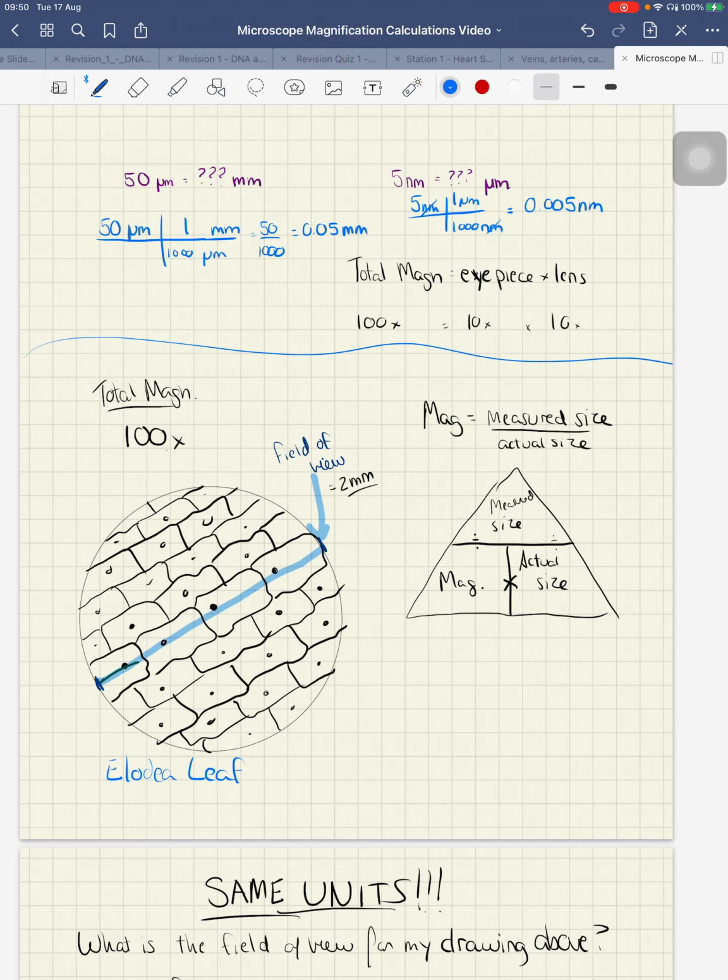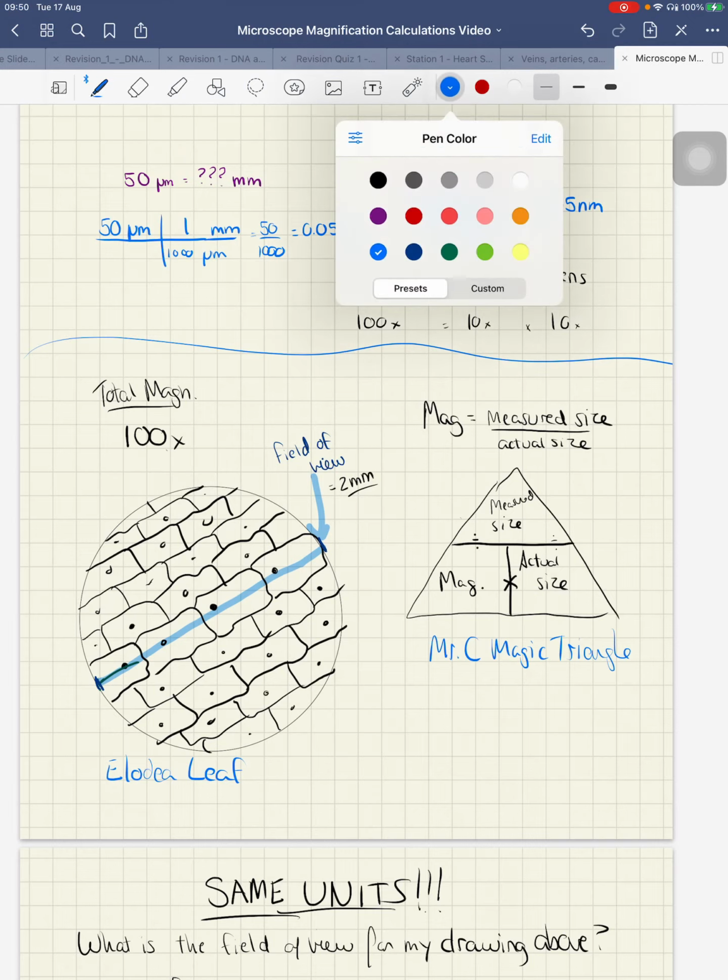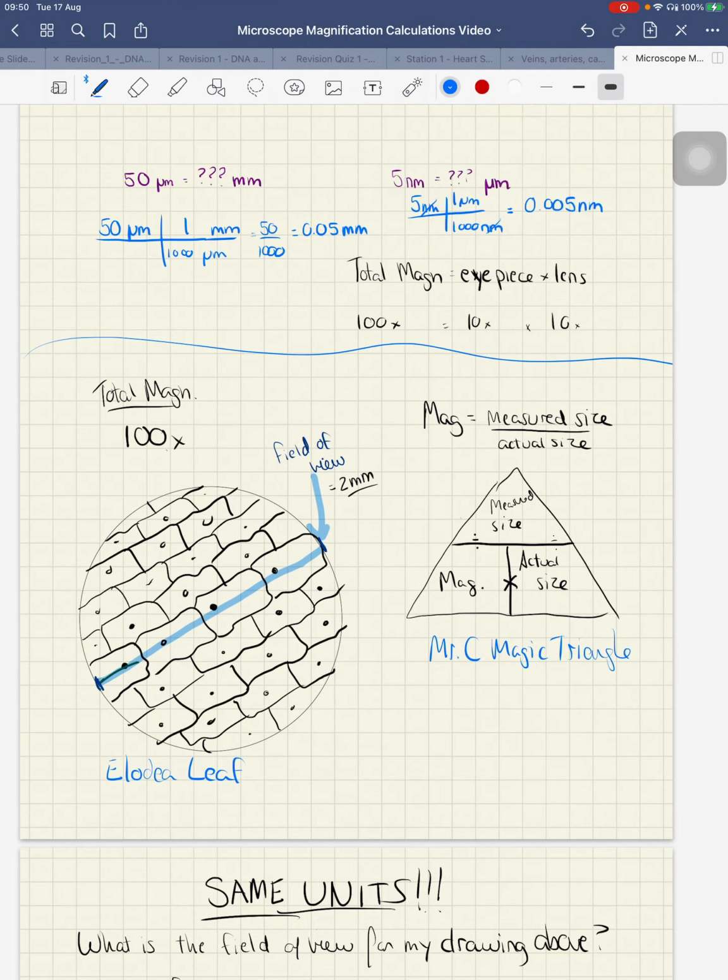If you put this into Mr. Covington's magic triangle, you'll see we can do it this way. If you're trying to figure out magnification, you cover magnification, so magnification is measured size divided by actual size. If you're trying to figure out the measured size, then you would do magnification times the actual size.